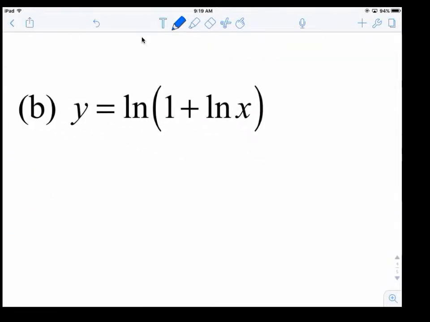All right, second one. You got y equals the ln of 1 plus ln of x. So again, still working outside in. So you have dy over dx. So the derivative of the outside, right, which is the ln part. So its derivative would be what?